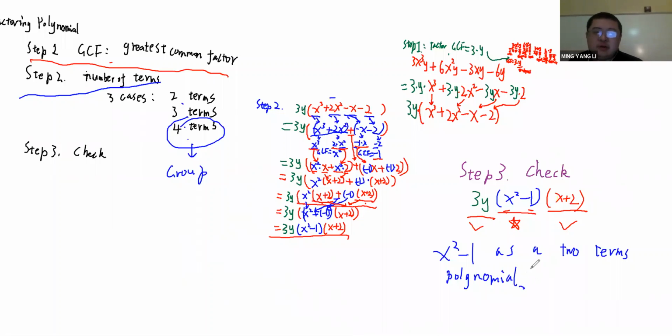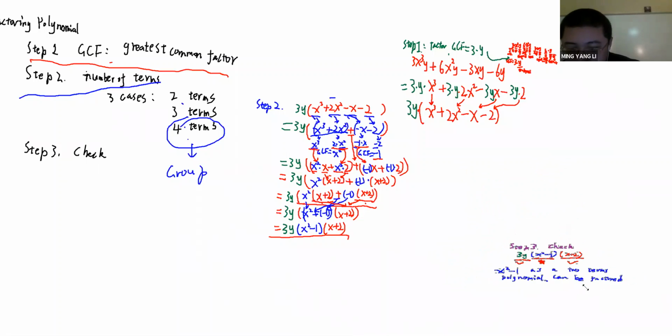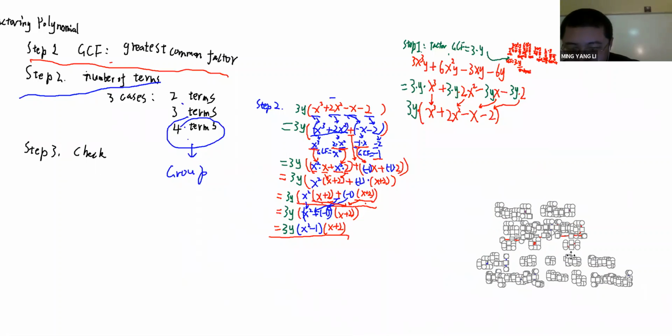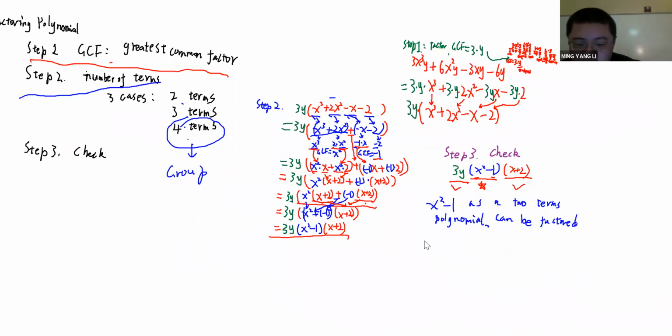This one as a 2-term polynomial can be factored one more time. Because, again, let me make the font smaller. Not too small. A 2-term polynomial can be factored only by our formula.